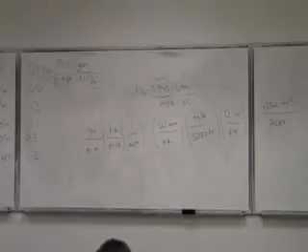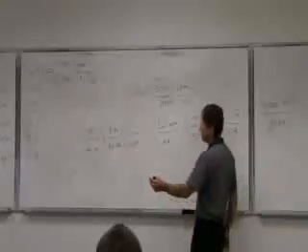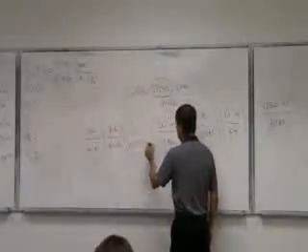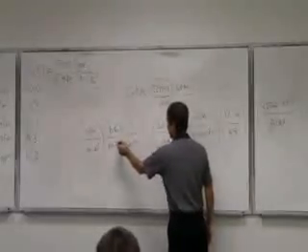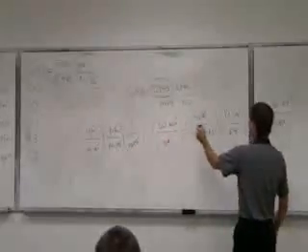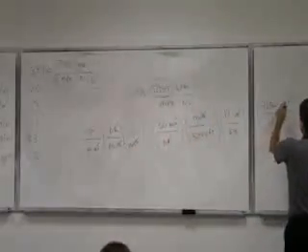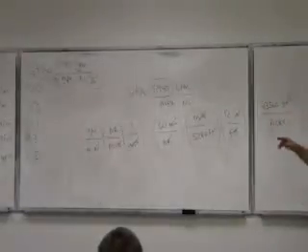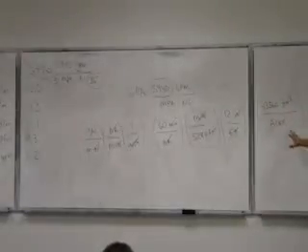So if I go through all my cancellations here, my minutes cancel, my hours cancel, my miles cancel, my inches cancel, my square feet cancel, and what I have left is gallons per acre.